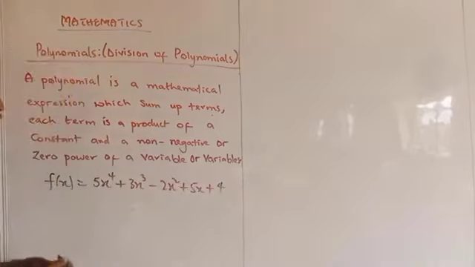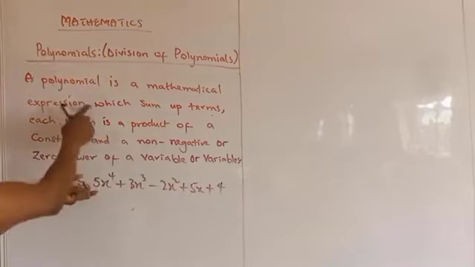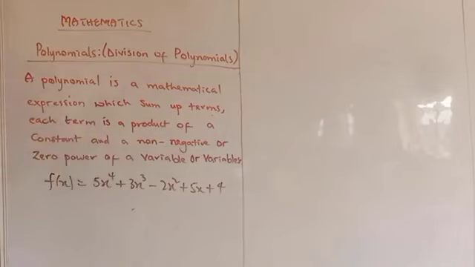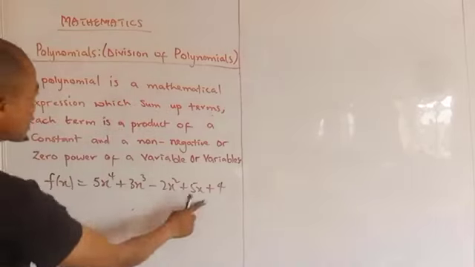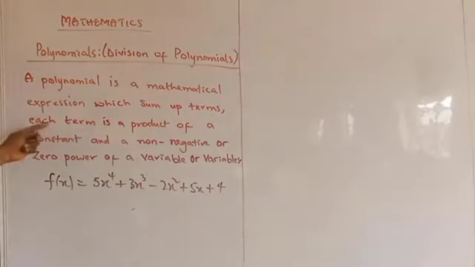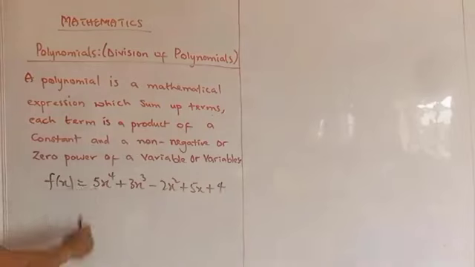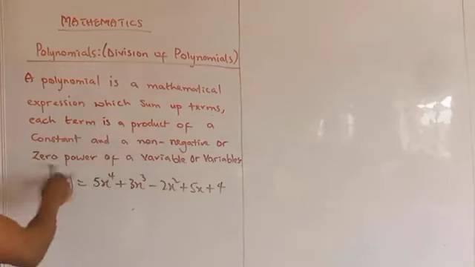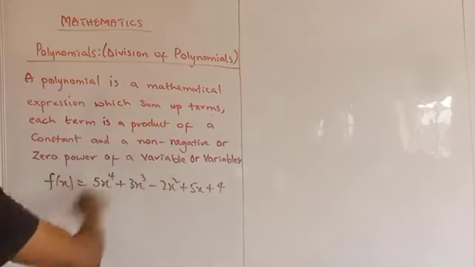This is an example of a polynomial because, like the definition stated, it is a mathematical expression which sums up terms. You can see this is a term, this is a term, this is another term, this is another term. And we said that each term is a product of a constant, you can see a constant here, and a non-negative or zero power of a variable.